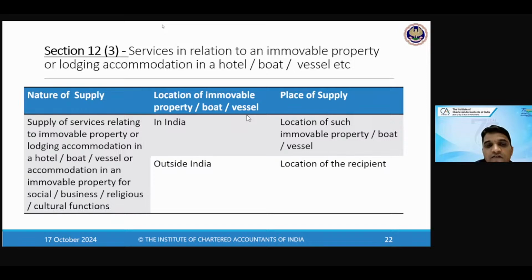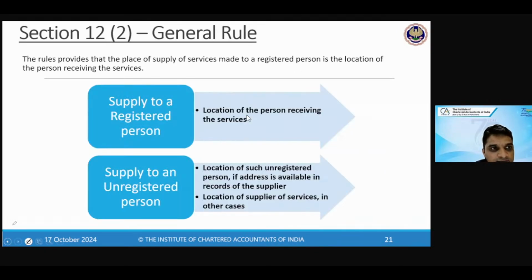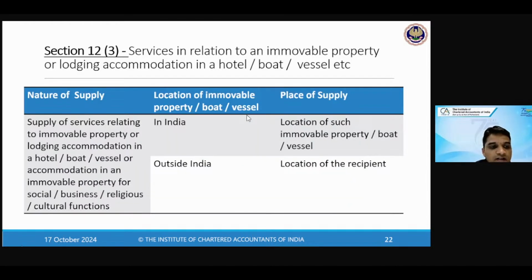12.3 says if there is a service in relation to any immovable property. I'm not saying there is a supply of immovable property; there is a service in relation to that immovable property, or any lodging accommodation in a hotel, boat, vessel, etc. Then what is the place of supply?